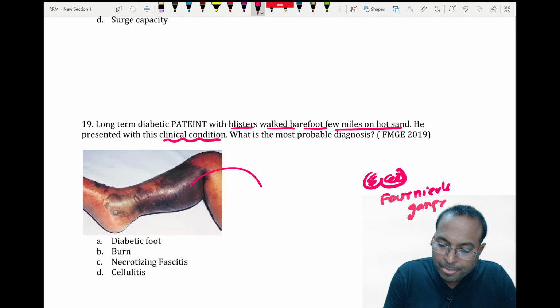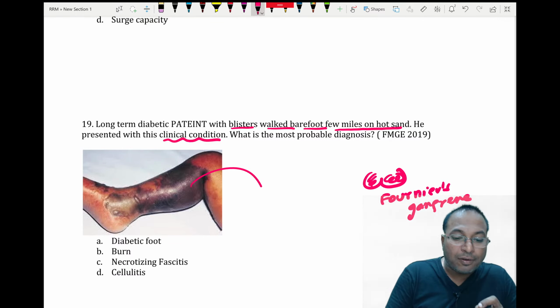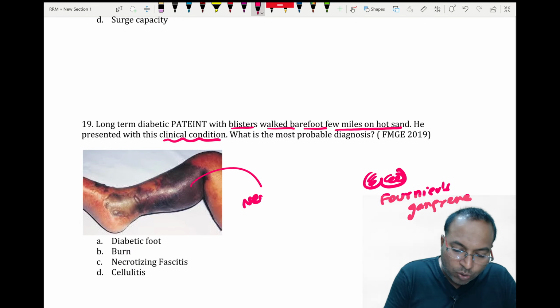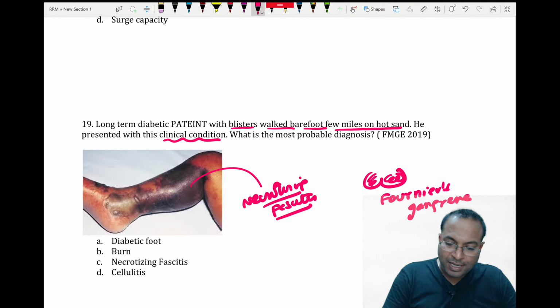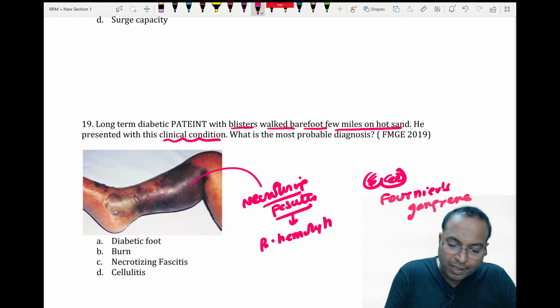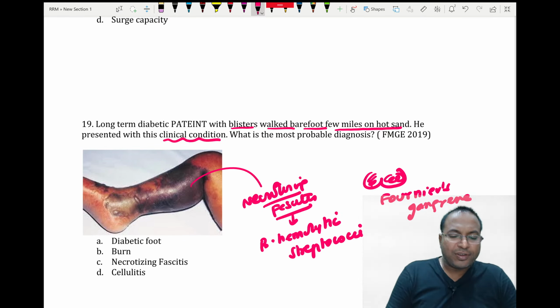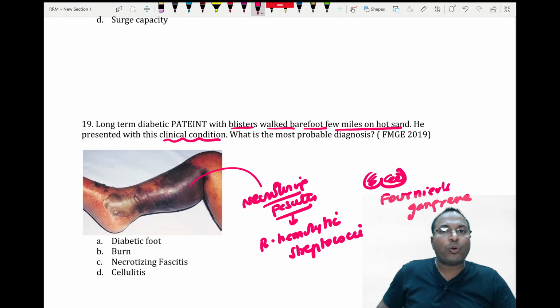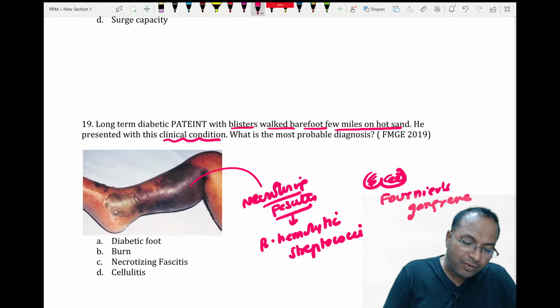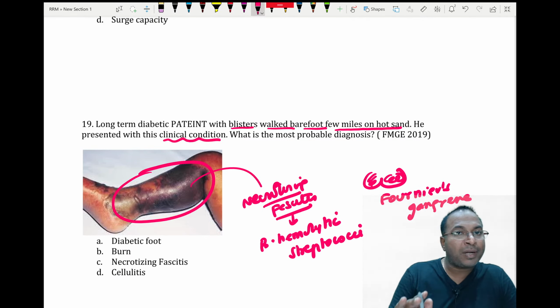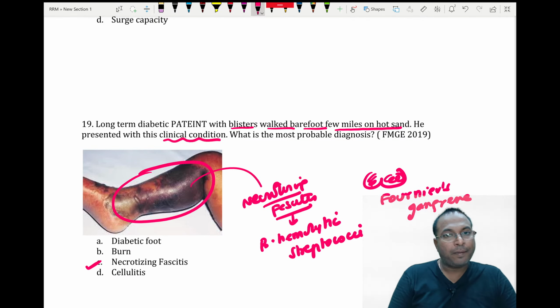Gangrene of the skin is known as necrotizing fasciitis, an infection caused by beta-hemolytic streptococci, which causes complete necrosis of the skin and subcutaneous tissues. We have to excise this tissue. It is commonly seen in diabetic patients.